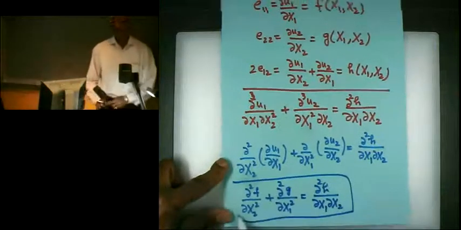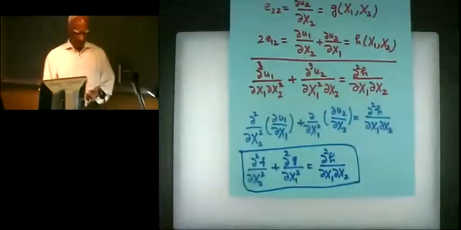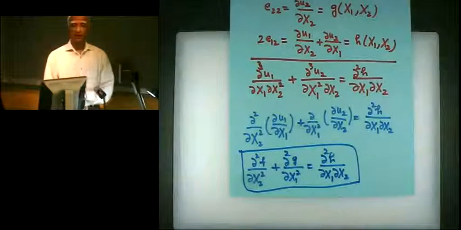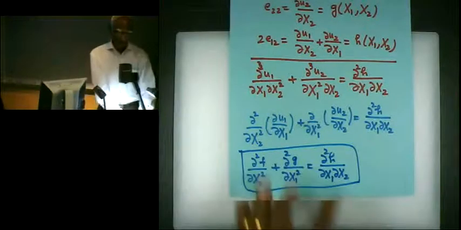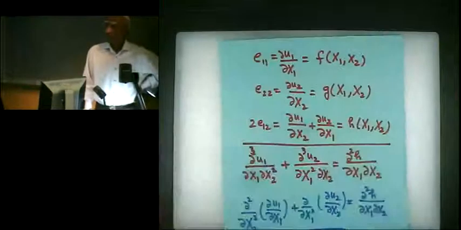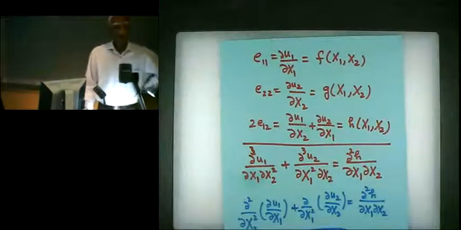So this is the equation that f, g, and h must satisfy for us to be able to find u1 and u2 from the three equations. So this is called the compatibility condition.